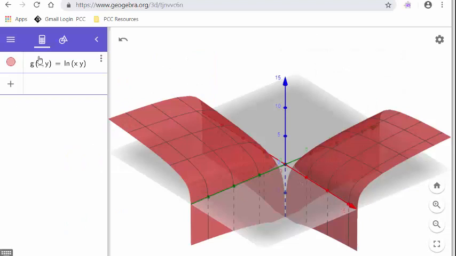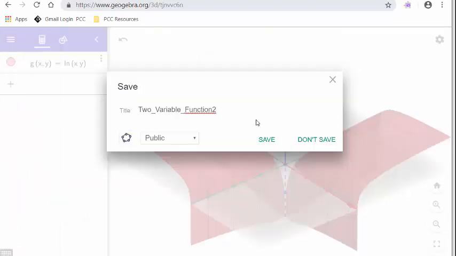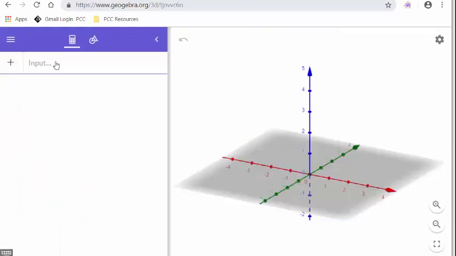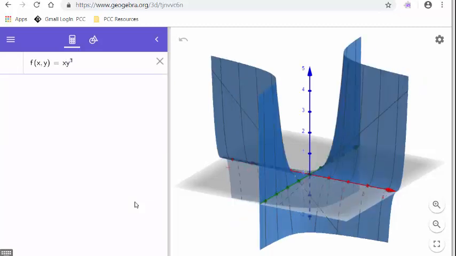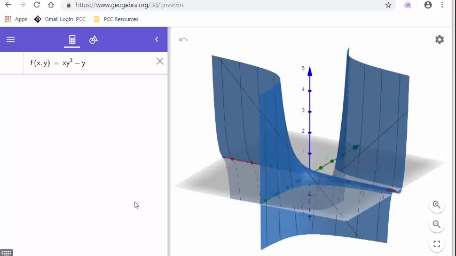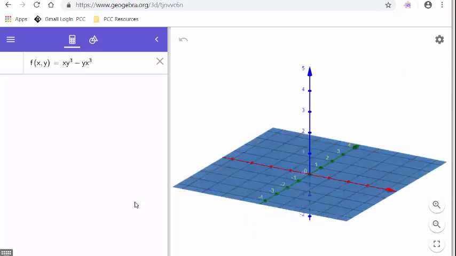I'm just going to start a new graph here. And in doing this, I'm just going to start by getting the 3D graph going. We'll just look at that. F of x comma y equals x times y to the third minus y times x to the third.